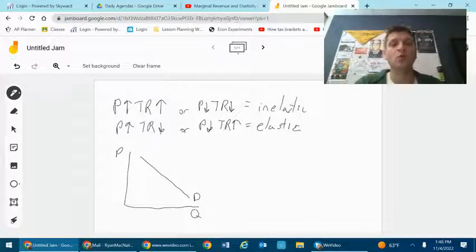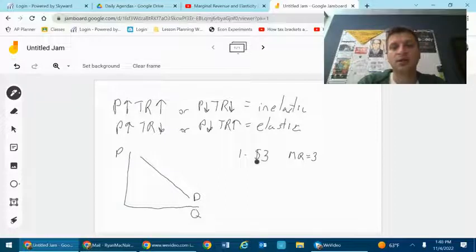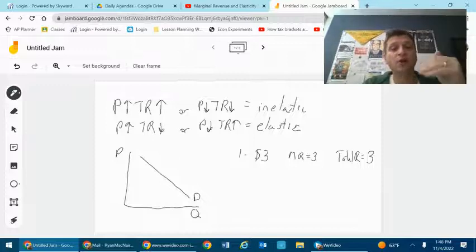So if you sell one good at $3, your marginal revenue is 3. And that means your total revenue is equal to 3. Because the total revenue is just the addition of all of the previous marginal revenues.